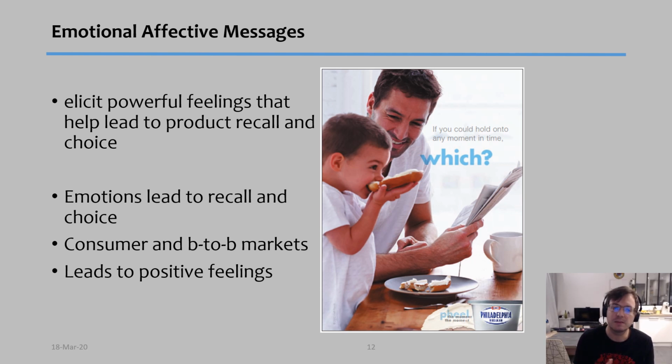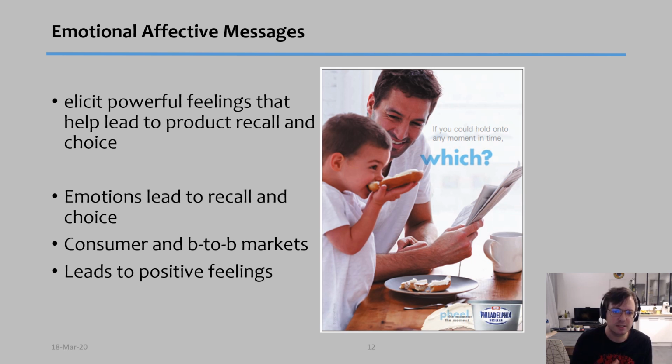The next one we have is the emotional affective message. Here they elicit powerful feelings that help lead to product recall and choice. In other words, this is really bringing out deep and strong emotions that you have. Not to the point of making you cry, well, sometimes yes, but typically emotions that we associate with very strong feelings. And I'm going to have another video specifically about that, about what we call traits in a message.